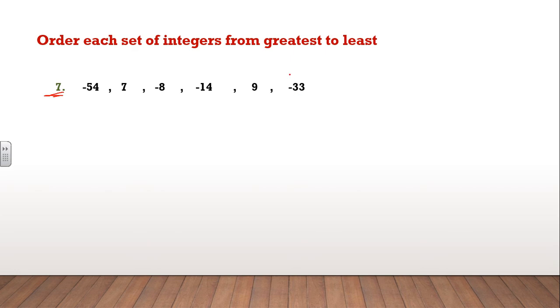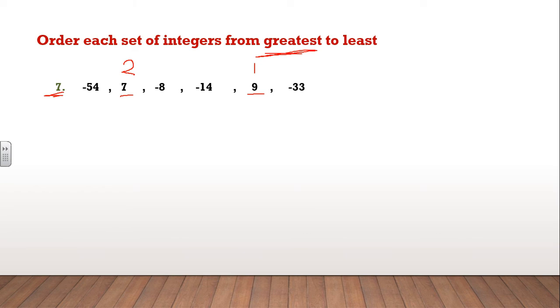He wants you to order from the greatest number. So of course we will ignore the negatives now and we will look for the positive numbers. Here we have 7 and 9. Of course 9 is greater than 7, right? So 9 will be the first number, then 7 will be the second.